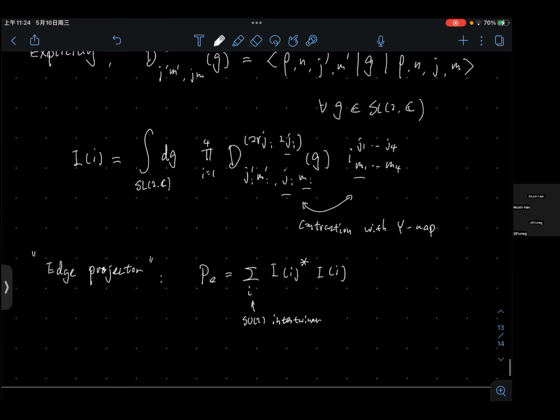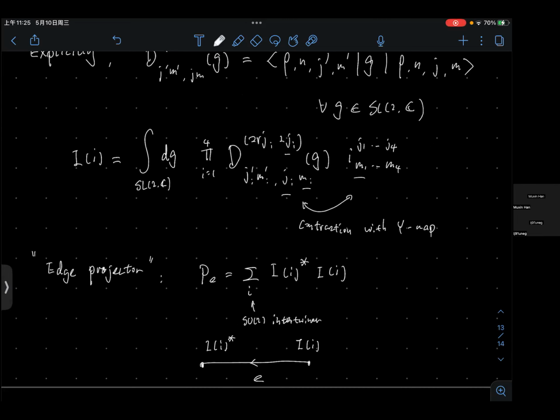So for any edge, the same logic as last time, we associate the starting point, or the starting half edge, with an intertwiner, and the endpoint, or the second half edge, with the star of the intertwiner.